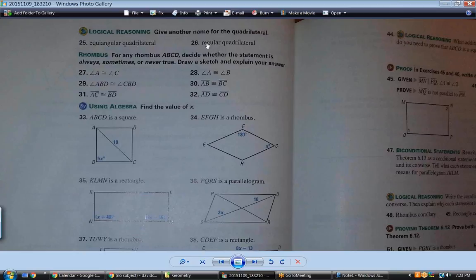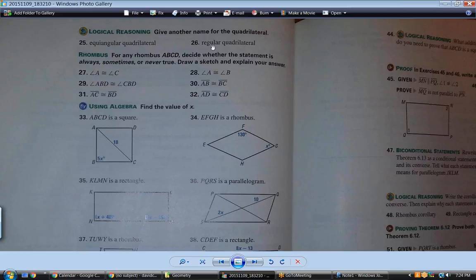What does regular mean? Well, the sides don't have to be congruent to each other. Regular actually means equilateral and equiangular. In other words, regular means all same sides, all same angles. If you have a regular hexagon, it doesn't just have to be six-sided.